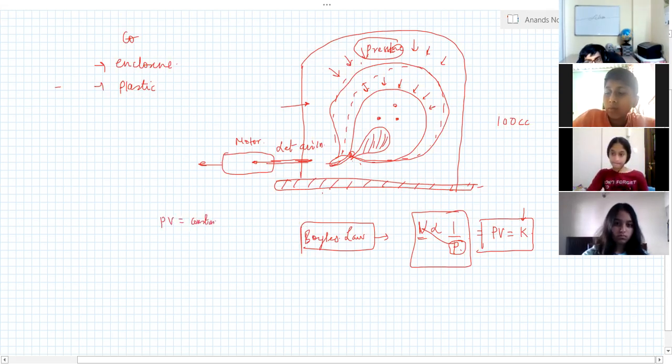So what does K stand for? It's a constant. PV is equal to K is a constant. In fact, what they do, they say this is for gas. Let's say you took hydrogen gas.